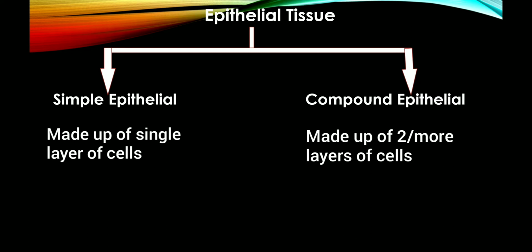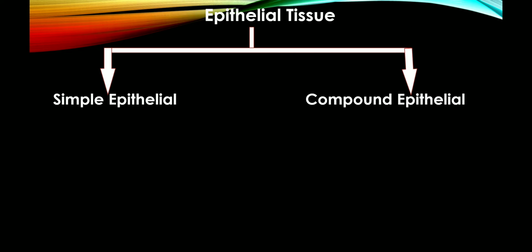Now let's start with simple epithelial tissue. Let's see the details first. Simple epithelial tissue consists of different types of tissues. In that, the first one is squamous epithelial tissue.